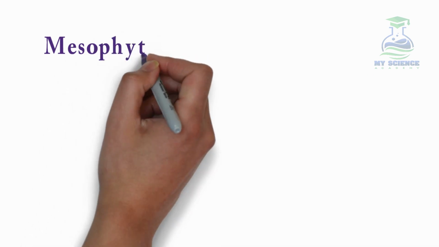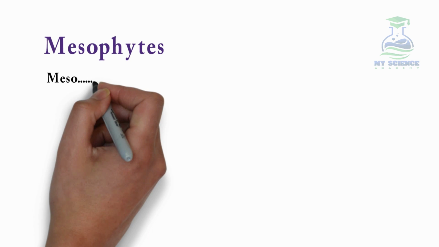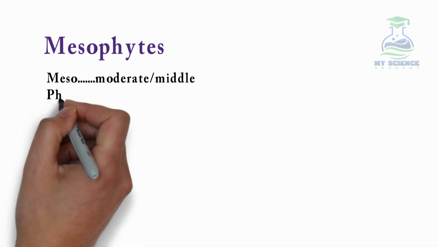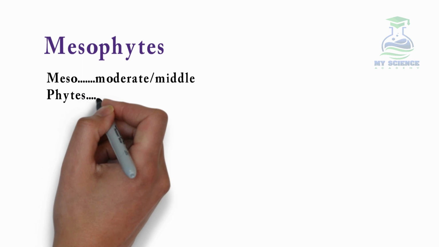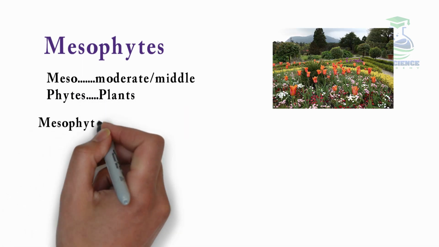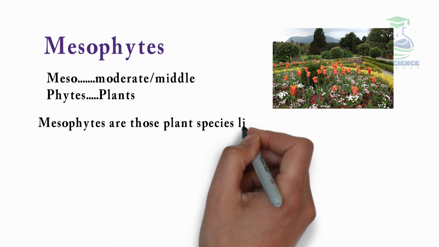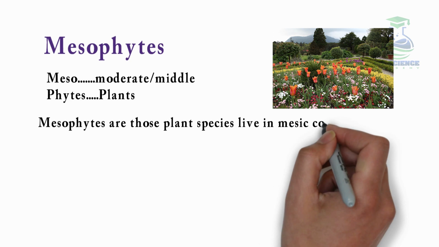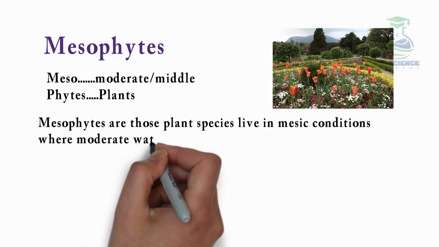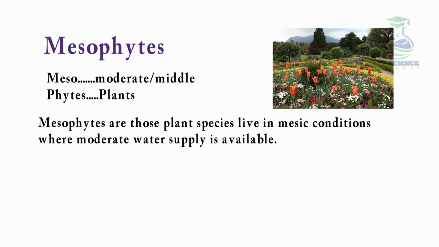Next are the mesophytes. Meso here means moderate or middle, and phytes are the plants. So mesophytes are those plant species that live in mesic condition where moderate water supply is available.